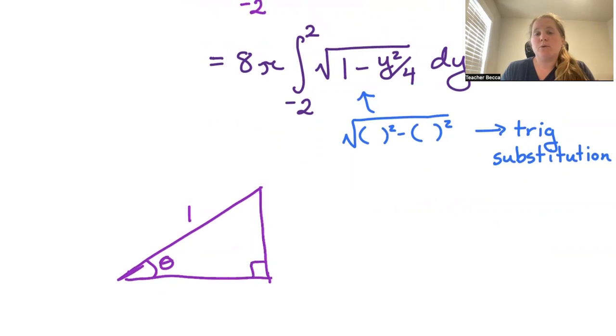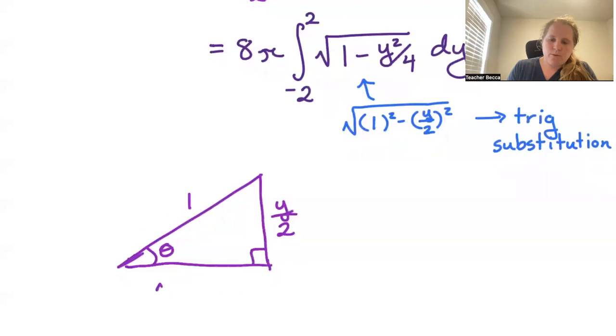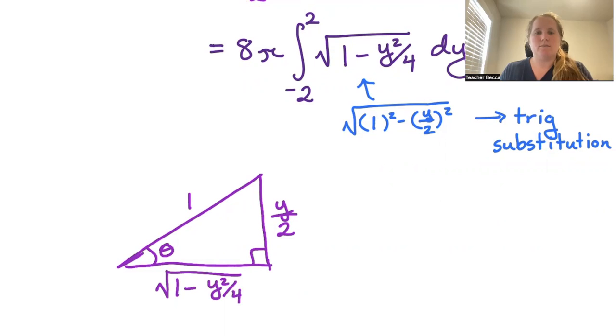Y squared over 4 is y over 2 squared. So we are looking at a 1 squared minus a y over 2 squared. So we will use y over 2 as our opposite. And then that square root of 1 minus y squared over 4 is our adjacent.